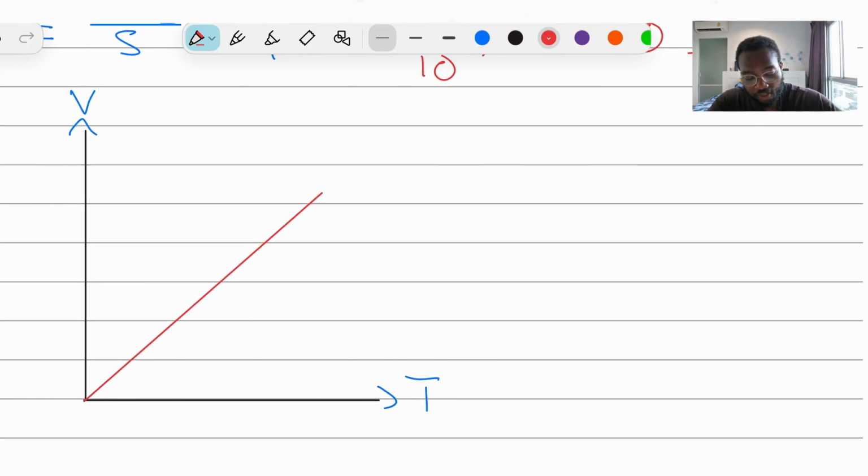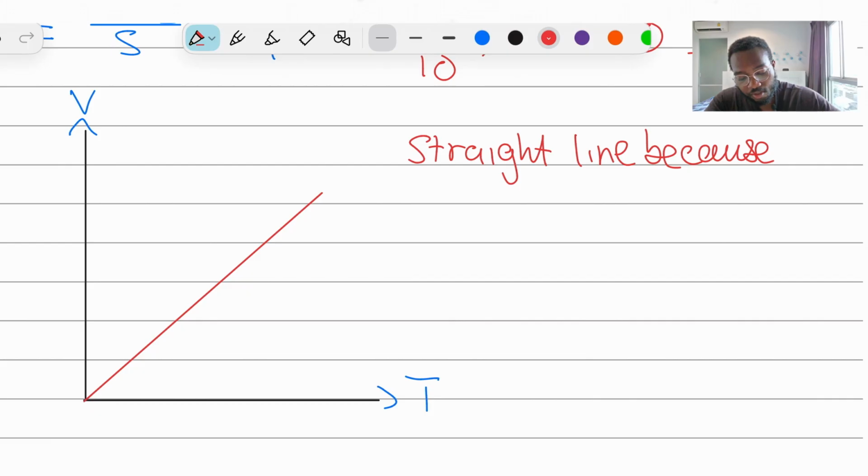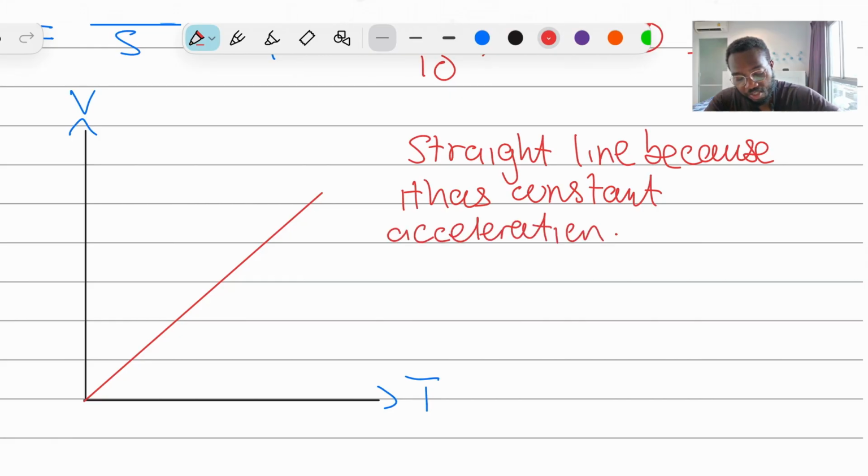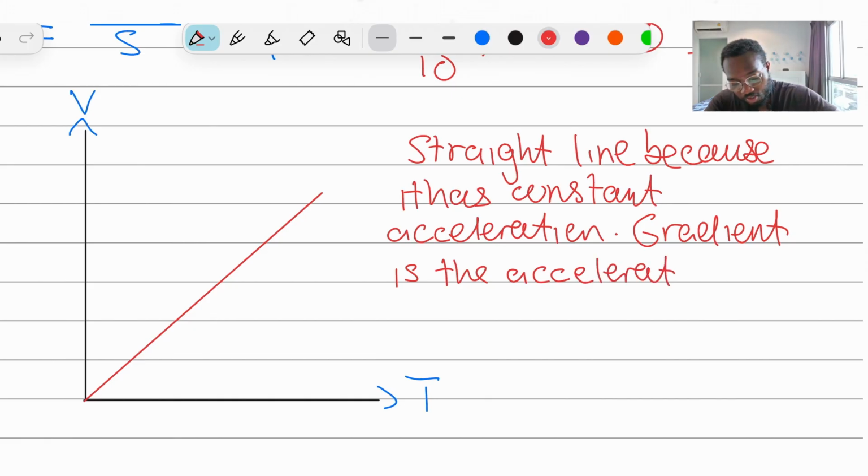So you can just say something like, a straight line because it has constant acceleration, and maybe write something extra like, the gradient is the acceleration, just to make sure you're clear. Have I even spelled that right? Probably not. Let's do it like this, acceleration. Yeah, that looks right.